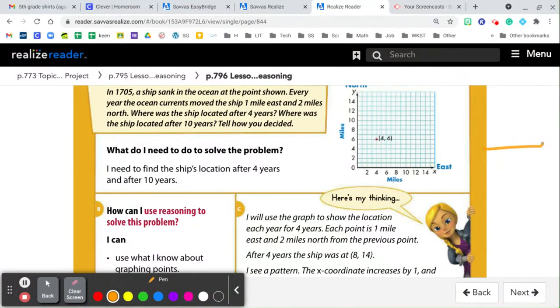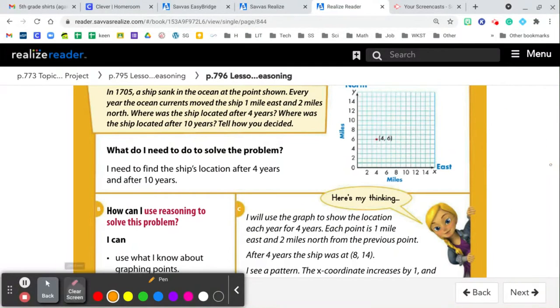Our value for x will be 1 mile east, so it's x plus 1. And our y value is going to be y plus 2. So if we start at 4, 6, we're going to be at 5, 8. And then we're going to be at 6, 10, and so on.